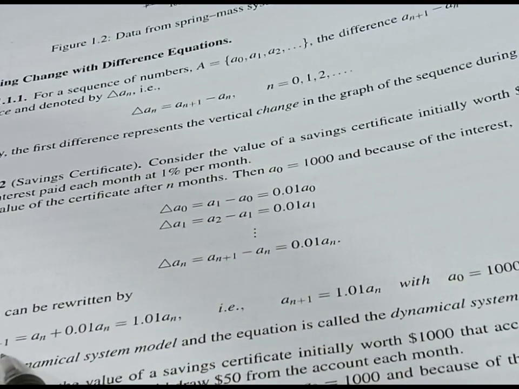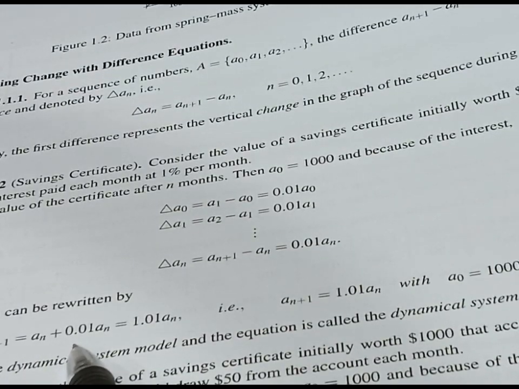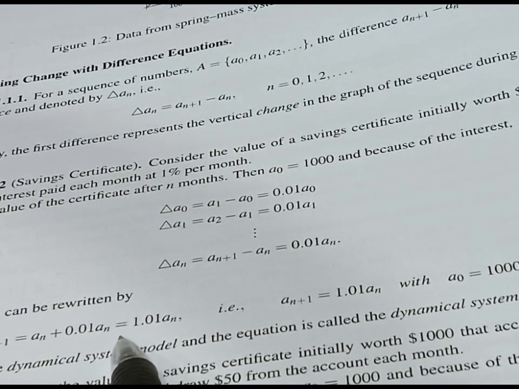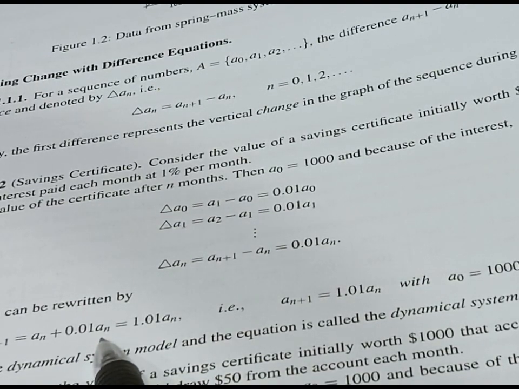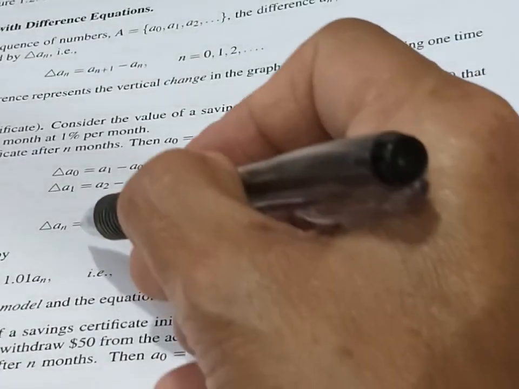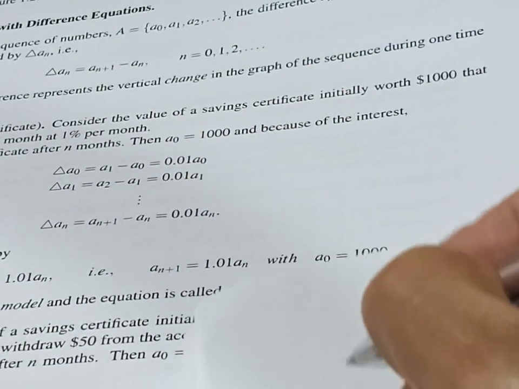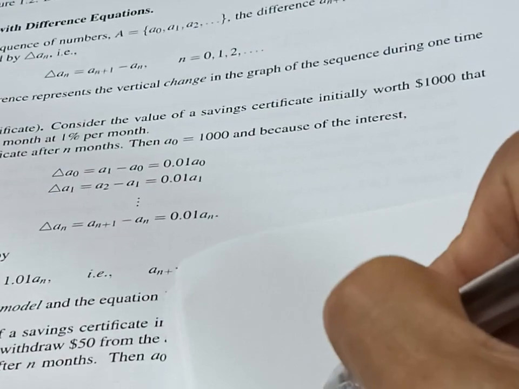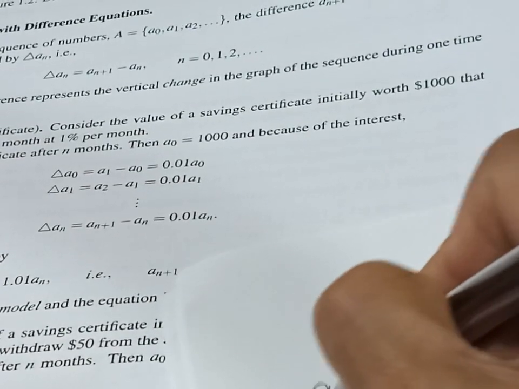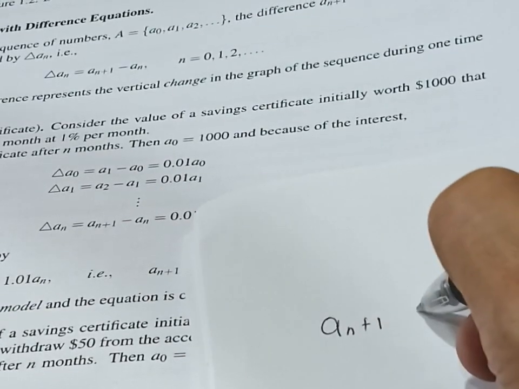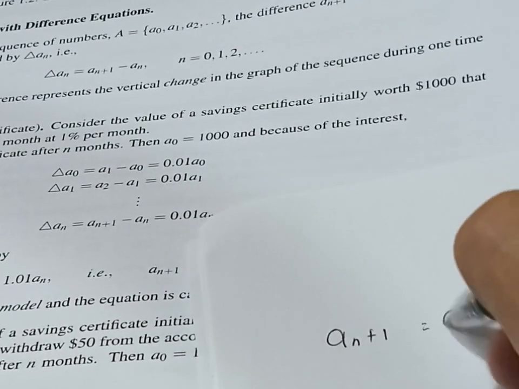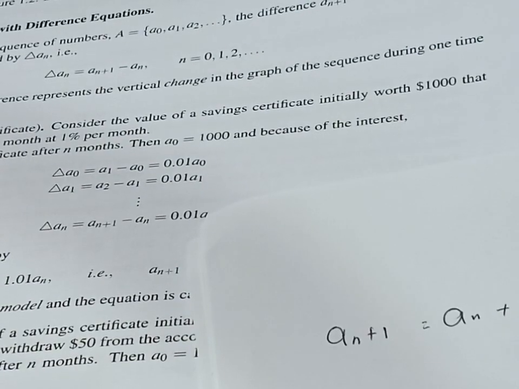Okay, a_{n+1} is a_n plus 0.01 a_n, which equals 1.01 a_n. So from this equation, a_{n+1} is a_n plus delta a_n.